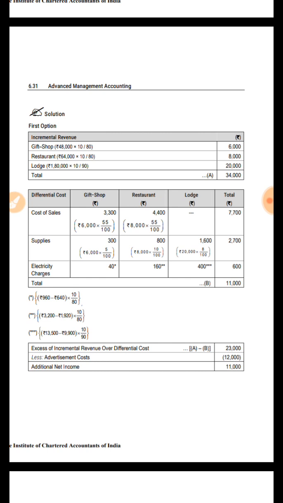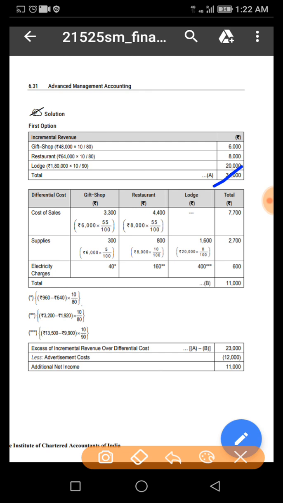So we got the revenue, incremental revenue, we got the cost. So see, 34,000 minus 11,000, you got 23,000 incremental revenue over differential cost. This is the differential cost, this is the incremental revenue. So incremental revenue over differential cost is 23,000.